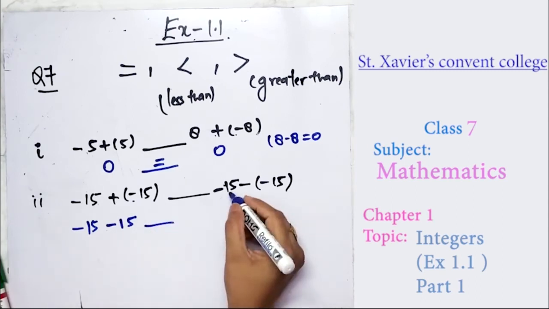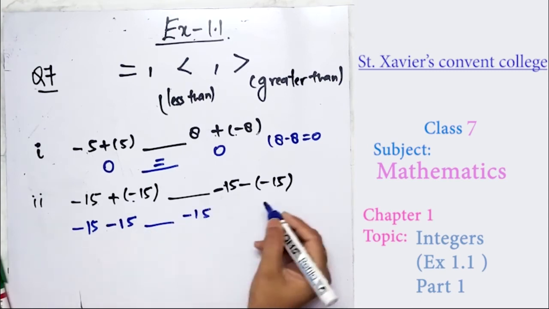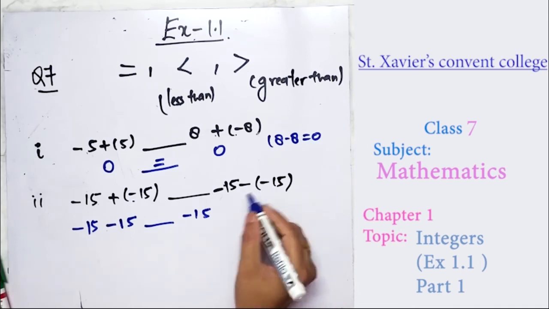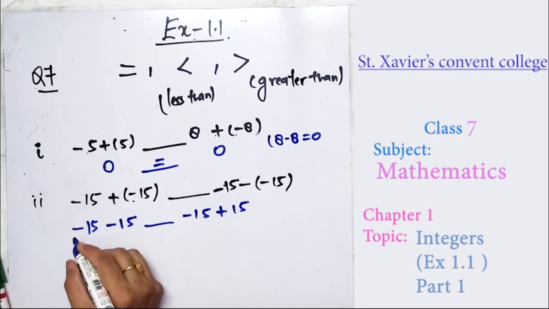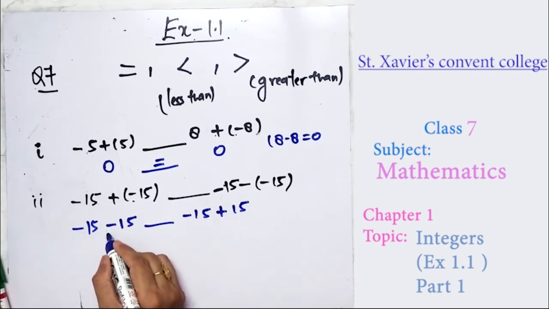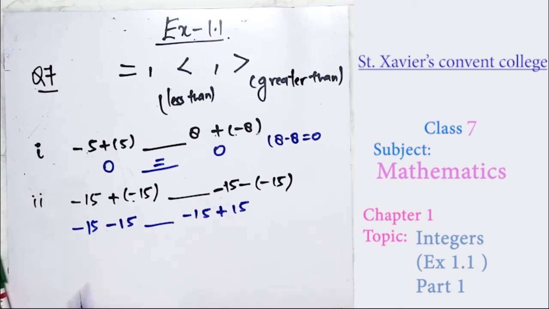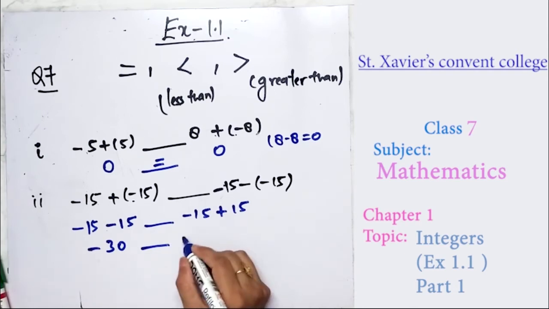Then copy minus 15 here, minus times minus is plus 15. Now minus 15 plus 15 gives you... the minus and the sign combine, and you have to add these two numbers.